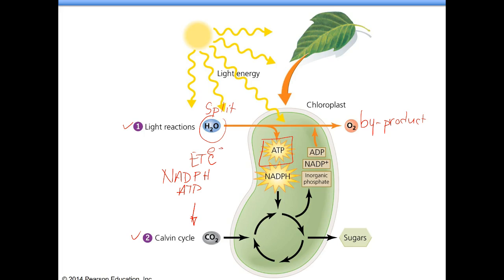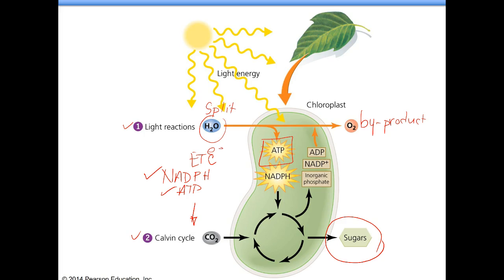And this is where carbon dioxide is going to come into the equation. The Calvin cycle is a series of reactions that get their energy from NADPH and ATP in order to produce sugars. And this is all going to happen inside of the chloroplast. So this is what the process of photosynthesis is.